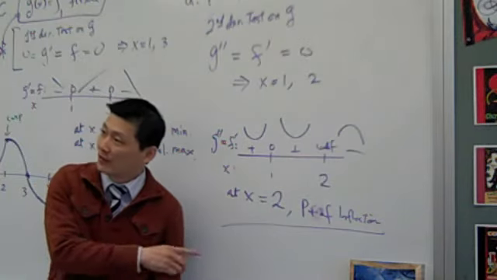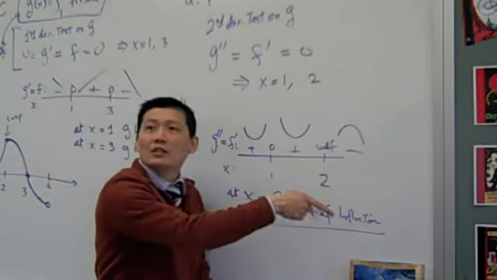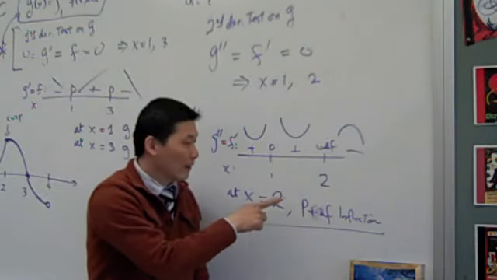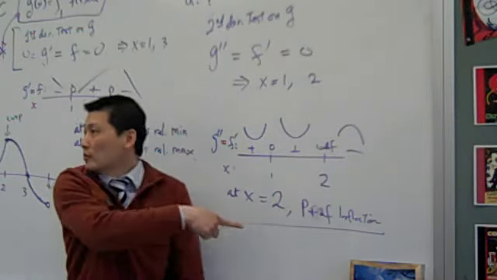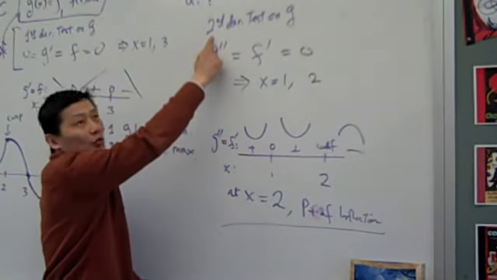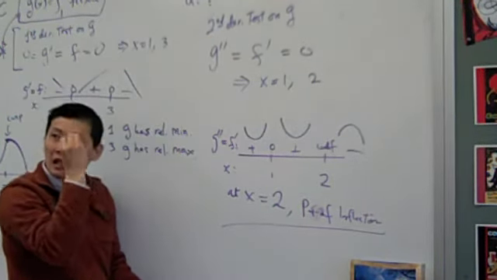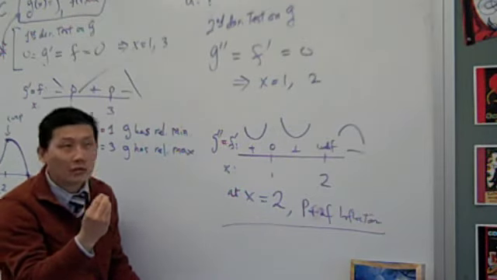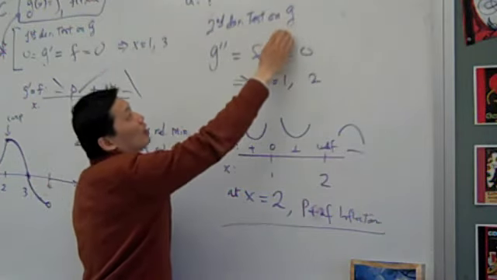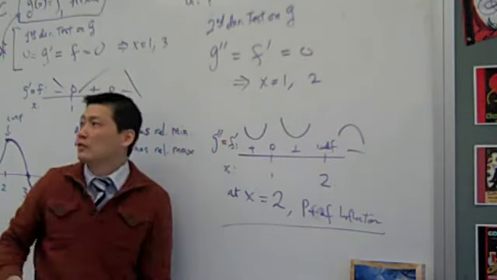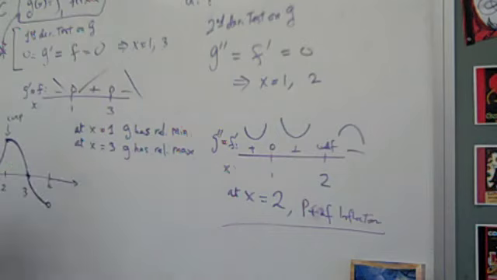And here you have it. The change of concavity is your point of inflection, and therefore that's a justification for x equal to 2 as a point of inflection. Again, very important. That's why the language, the way you write a solution, is so important. Second derivative test on g is first derivative test on f. And you go to f for this.